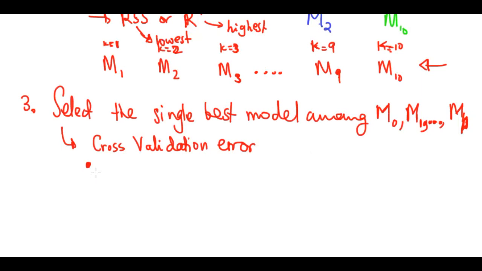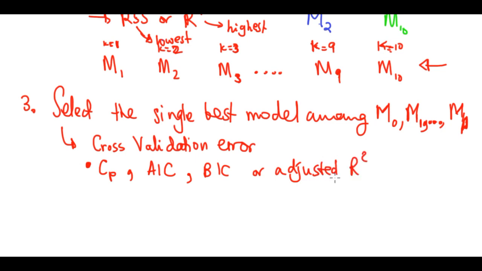Something called the Cp, or you can use the AIC, or BIC, or you can use the adjusted R squared. We are going to discuss these. For now, just know that we use one of these methods to choose the best of the best.